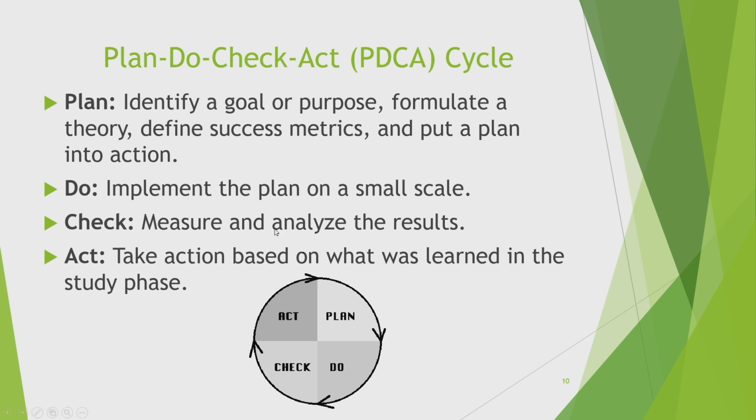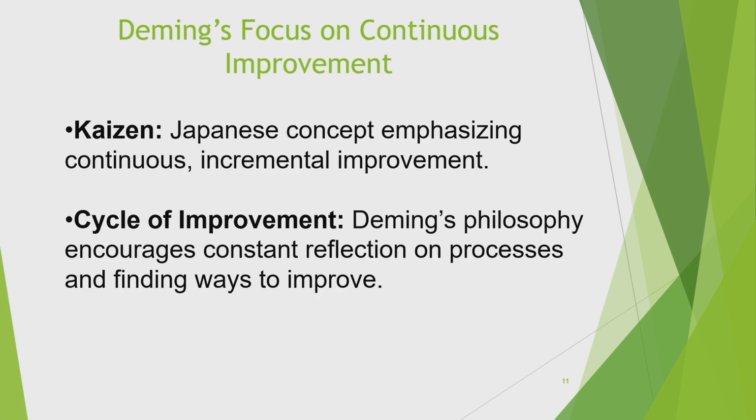Then you have to implement the plan on a small scale, that means do. Check whether that scheme will help or not, then check, measure and analyze the results, and then act, take action based on what was learned in the study phase. And then again plan. This cycle keeps going on. Quality is a never ending process.